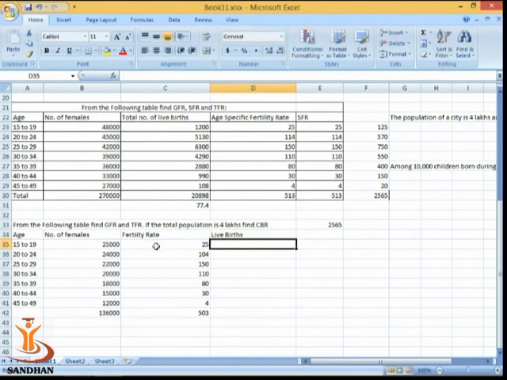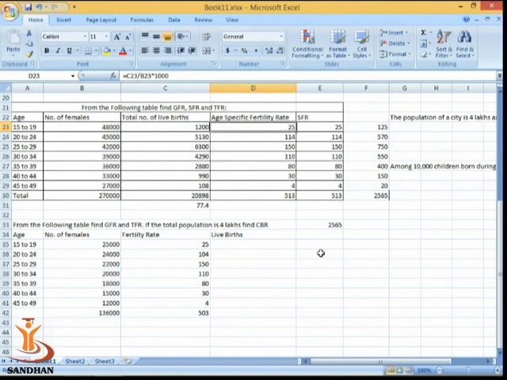How can I find? How is this fertility rate obtained? See the above example. How we obtained this? We have done live births, C23 means this is live births divided by female population into 1000. So I got specific fertility rate. So the formula is SFR equal to live births divided by population of that age group multiplied by 1000.